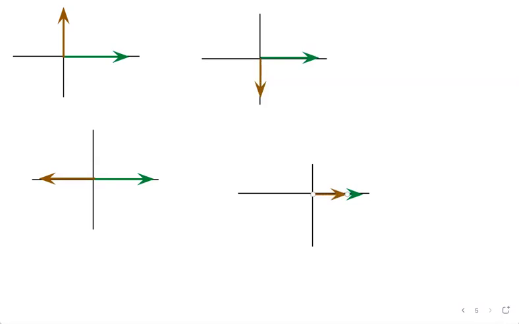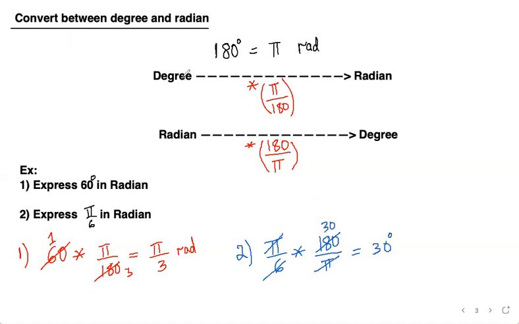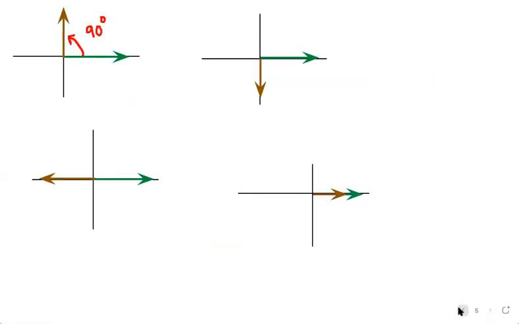So the angle here is 90 degrees. To convert 90 degrees to radians, as we learned, it will be pi over 2 radians. This angle is 180 degrees. Always, you should memorize this.